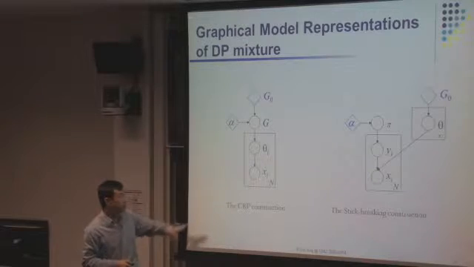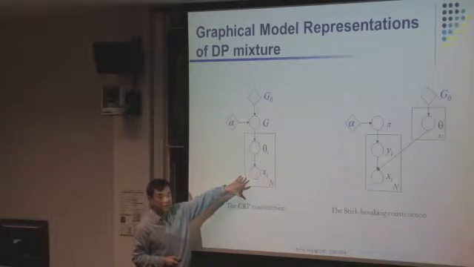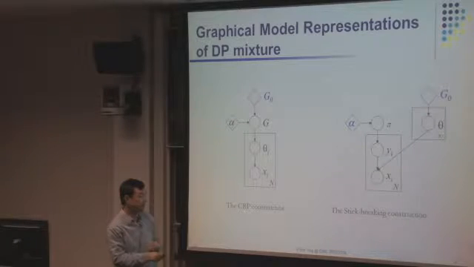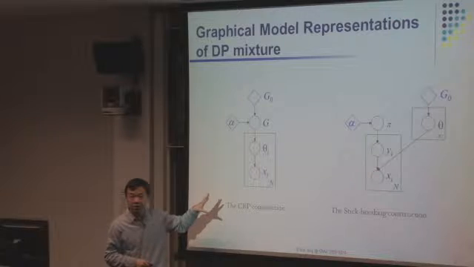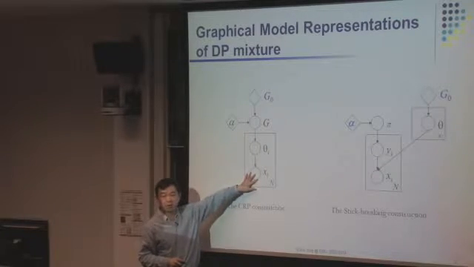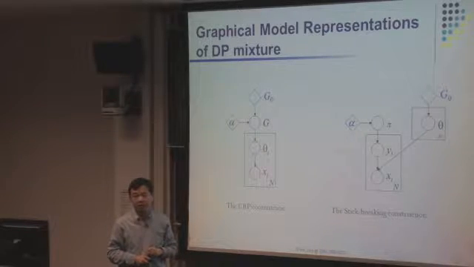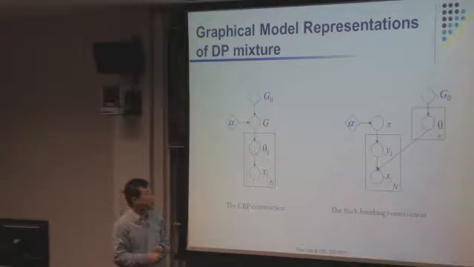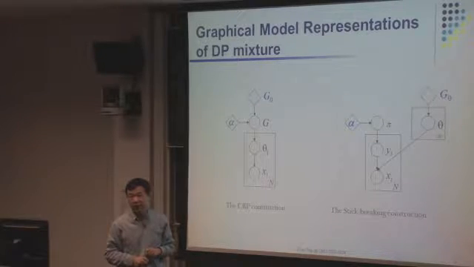So that gives you two different ways of writing down the graphical model for a DP mixture. Here, I have two graphical models representing two different metaphors. One is the CRP, the other is stick breaking. Here, I make a distinction between the data sample and the sample coming out of the Dirichlet process itself. For every data point, it has to have a centroid.